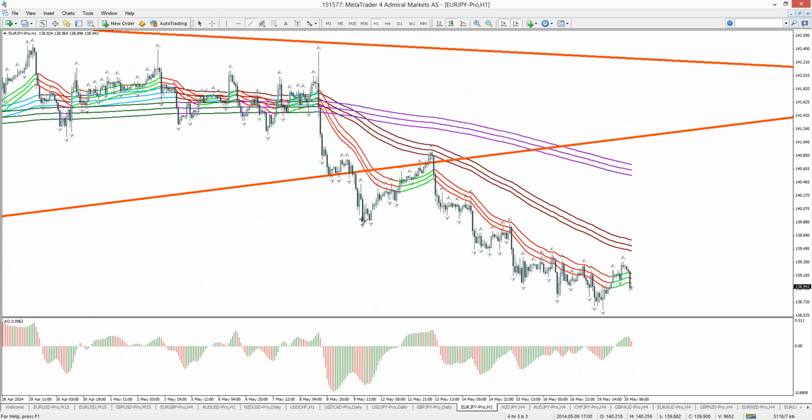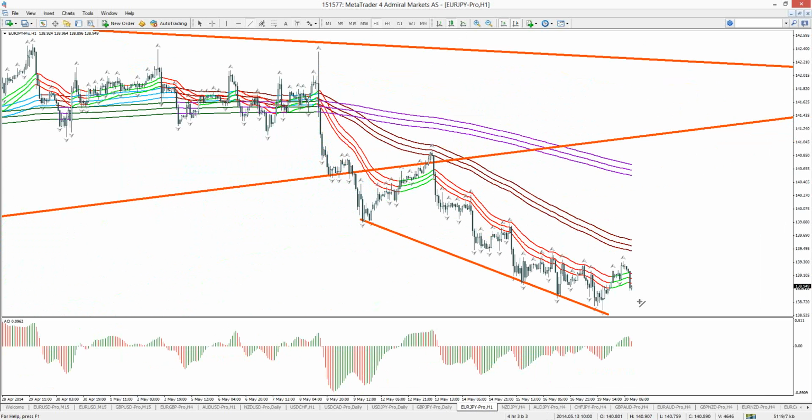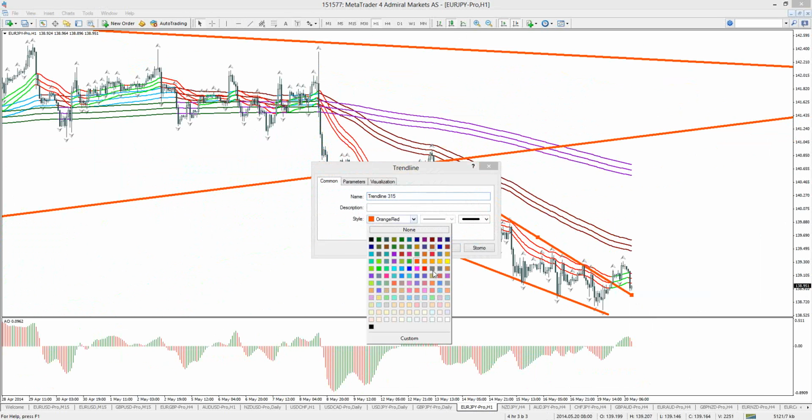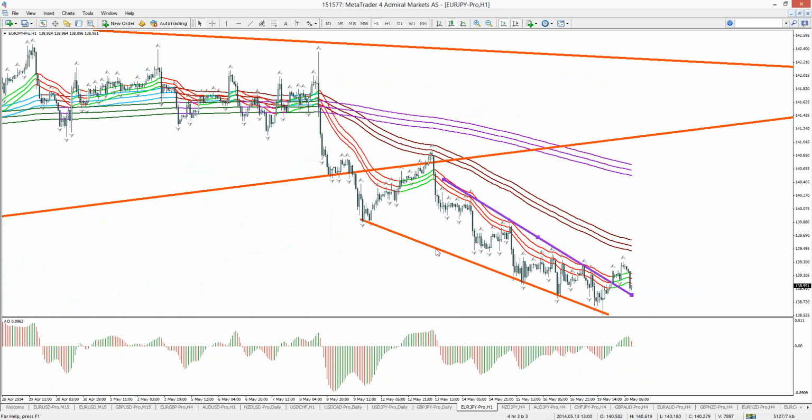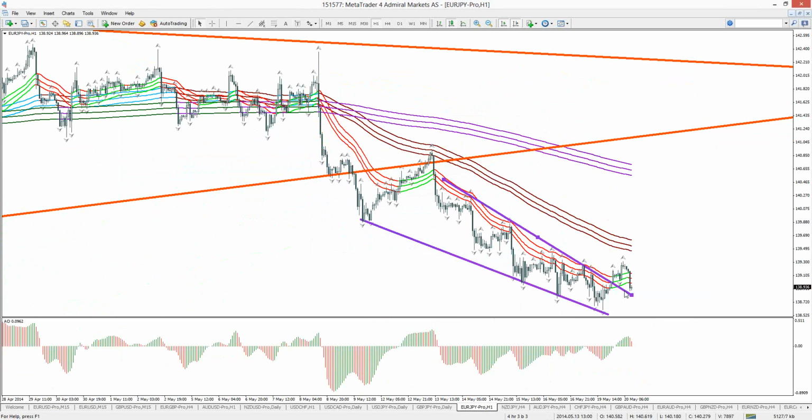But if I look at the hourly, we can see already kind of like a falling wedge potential slash divergence between these bottoms. And therefore, I'm a bit skeptical at the moment.